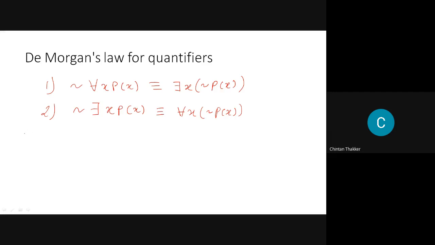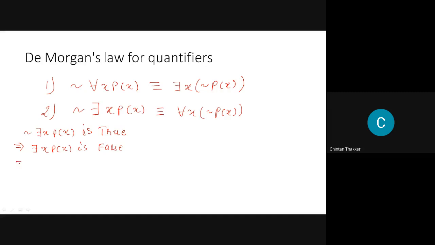First we suppose that negation of there exists x Px is true. Okay, so that implies we got there exists x Px is false.